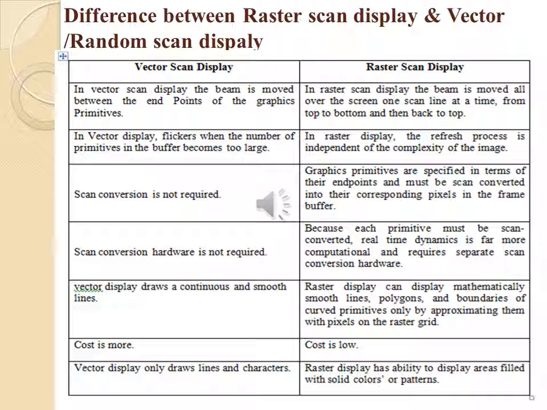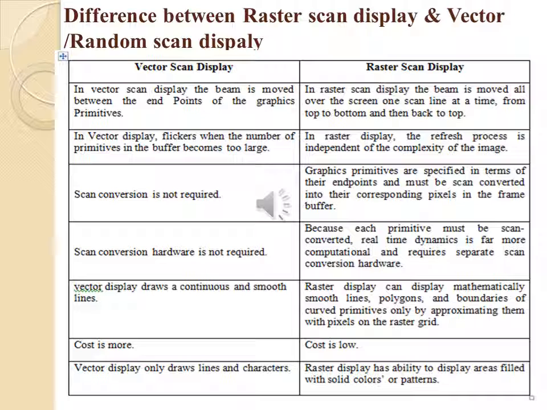The fourth: in vector scan display, the scan conversion hardware is not required. In raster scan display, because each primitive must be scanned and converted, real-time dynamics is far more computational and requires separate scan conversion hardware.